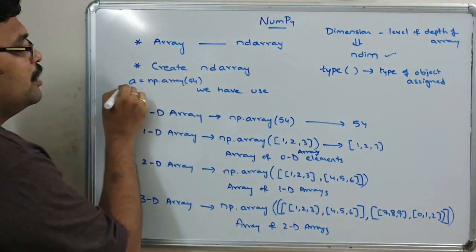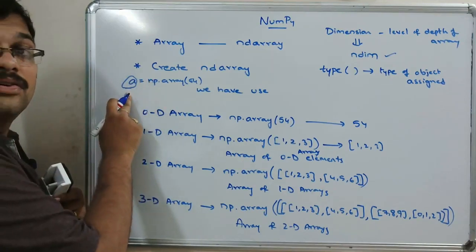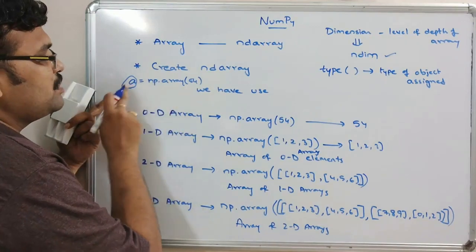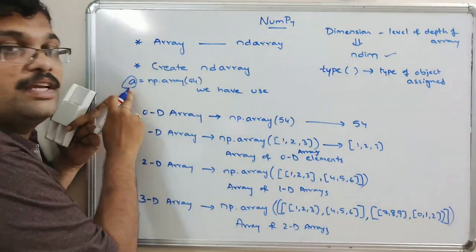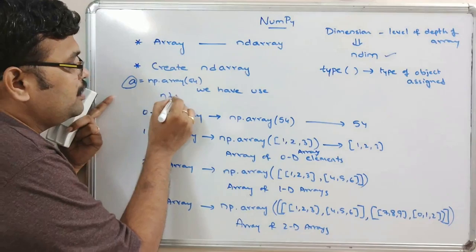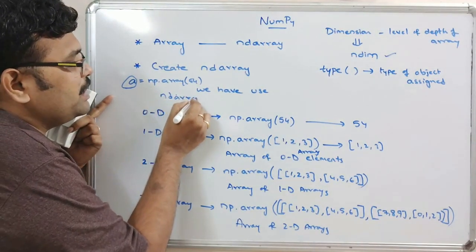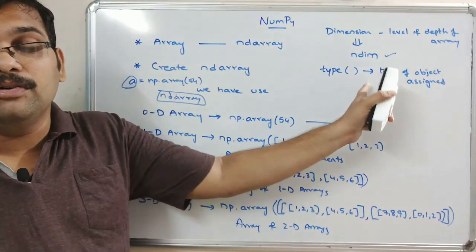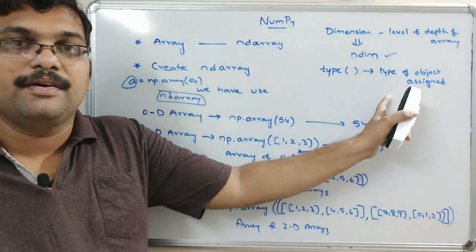So this is the variable a. It gives the type of object which is assigned to the variable. So here we are assigning ndarray, right? So we'll get the result as ndarray. The type will give the ndarray, right?